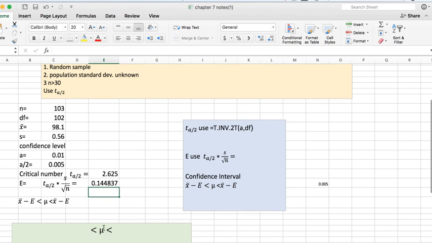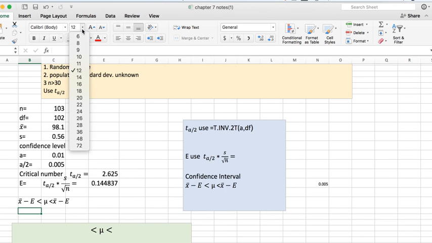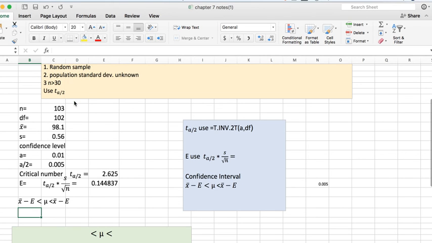And then in order to create our confidence interval, we're going to take our sample mean, just like we did before. We took a sample proportion. We're going to subtract off our margin of error.